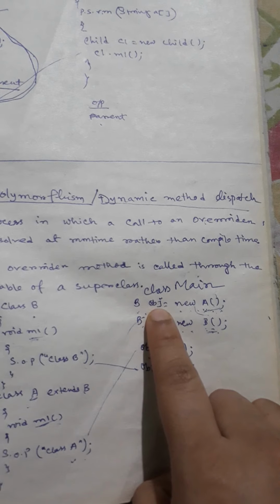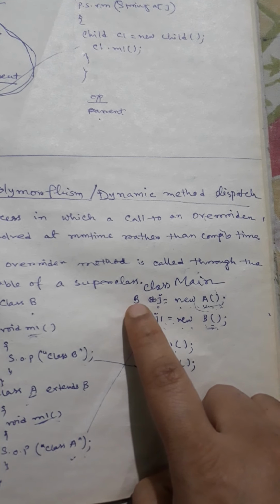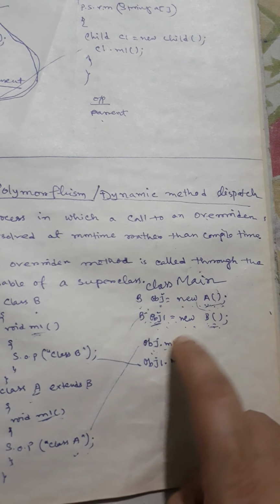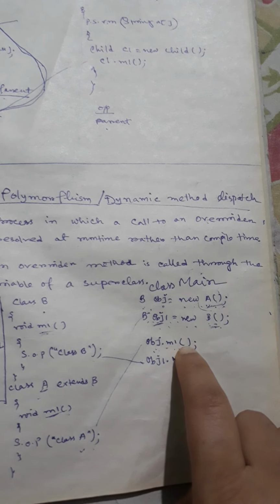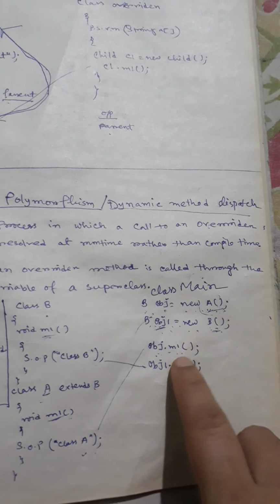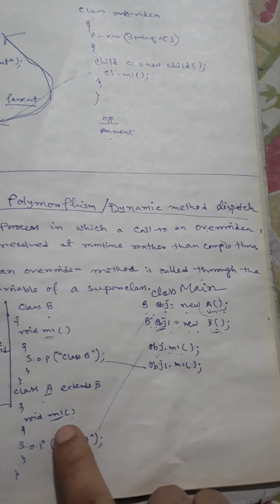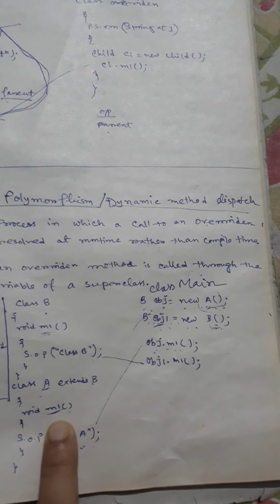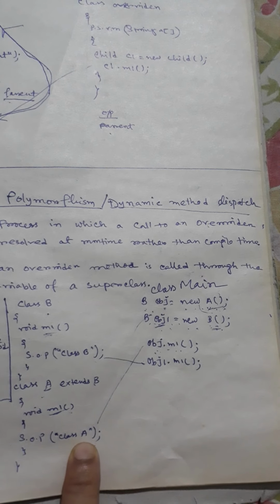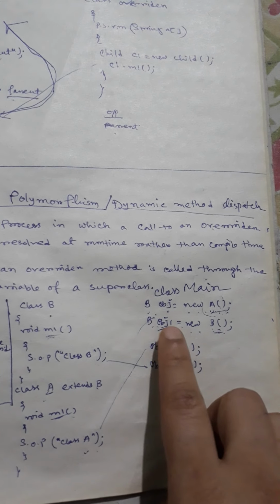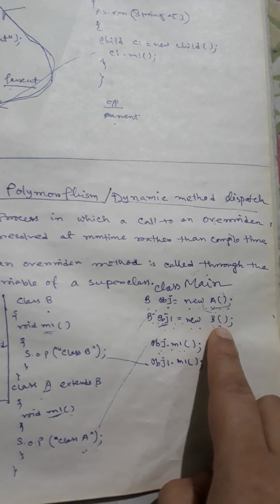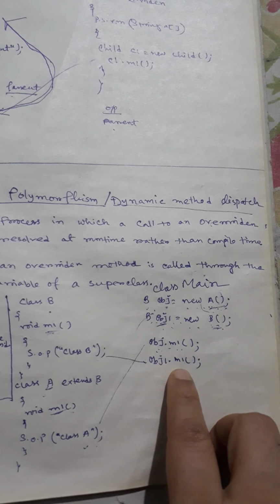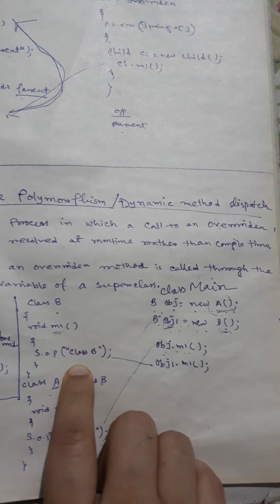Suppose obj is the object of a class and obj.m1, so m1 is the method of a class, so it will go to class A and class A will be printed. obj1 is the object of B class, so it will go to the B class.